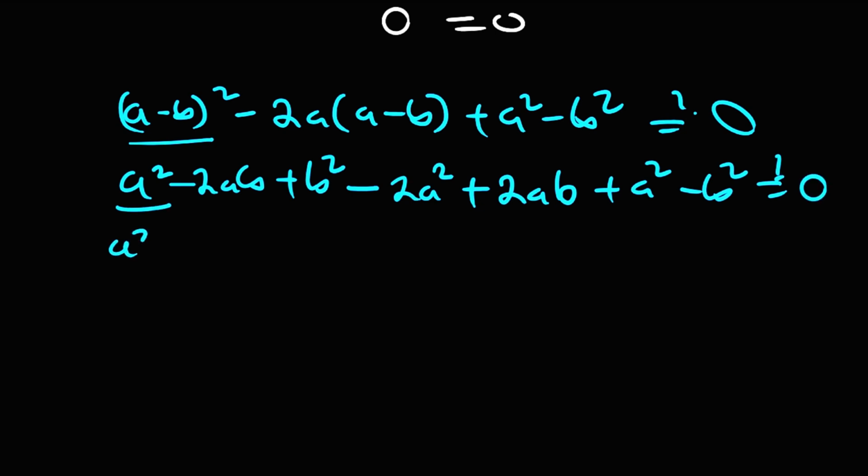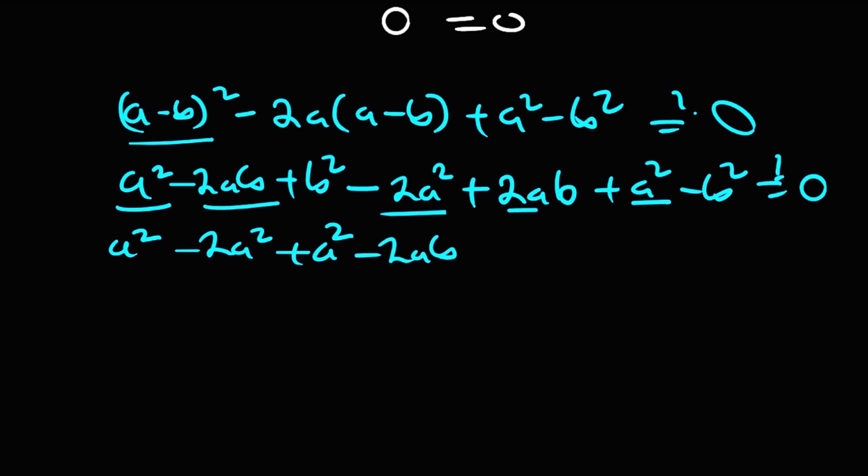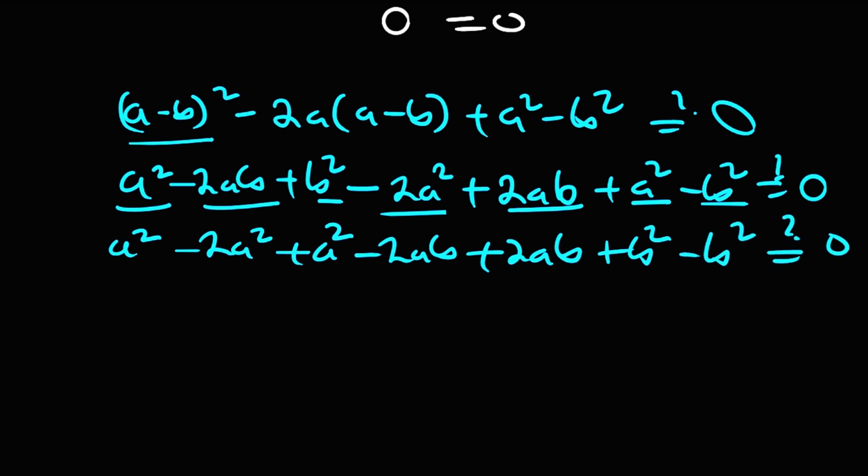Then we collect like terms. We have a squared minus 2a squared, then plus a squared. Then we have minus 2ab. Then you have another one here, so that is plus 2ab. Then we have plus b squared, then minus b squared, and then is that equals 0?